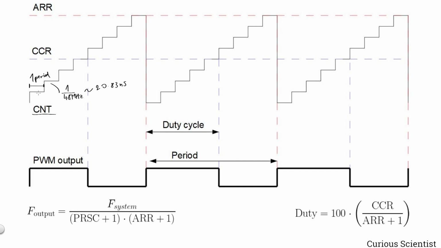But let's talk about the other two registers first, which are closely related to the timer. First I will talk about the ARR, which is the auto reload register. And this value is nothing else, it's just the final value of the counting. So after the counter, so the CNT value, reaches this value, the counting restarts from 0. So it automatically reloads.